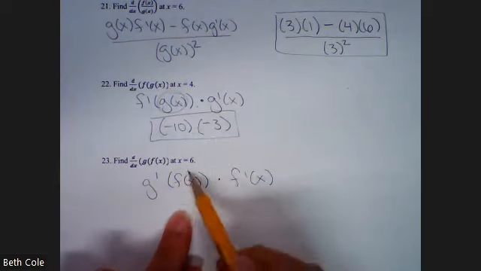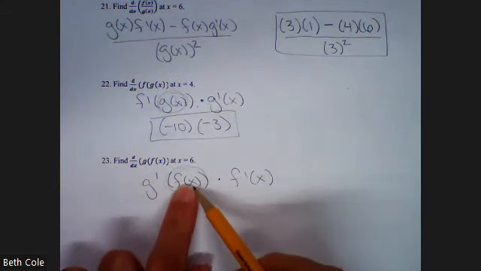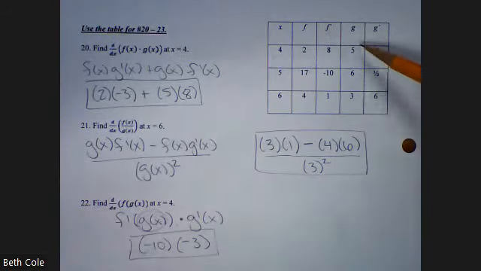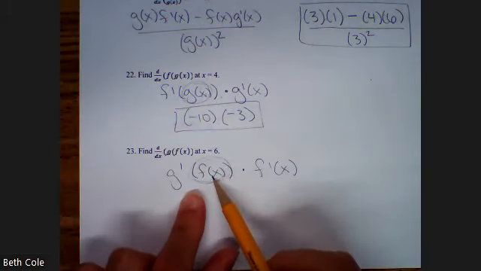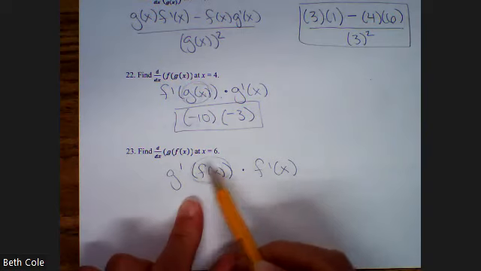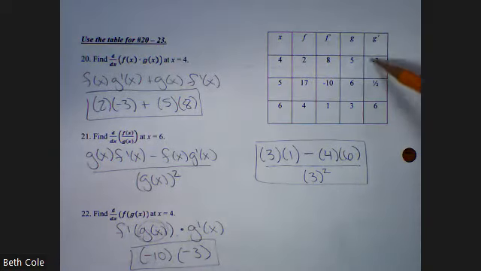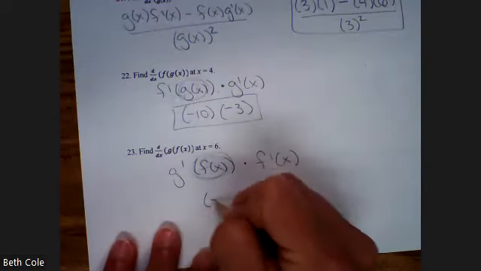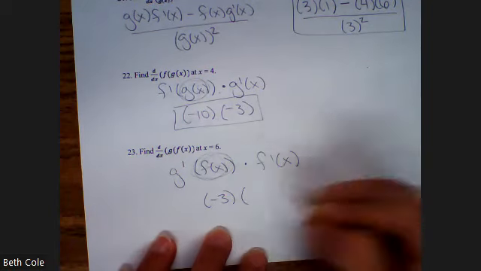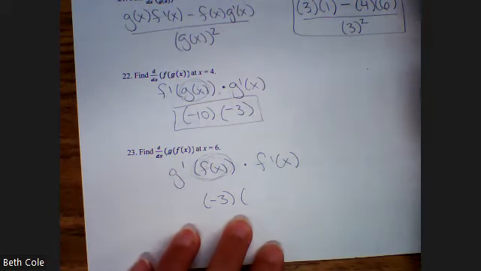We're plugging in 6. F of 6, looking at your chart, what's F of 6? 4. So this part I just circled is 4. You need to do G prime of 4, which is negative 3. And then F prime of 6 is 1.